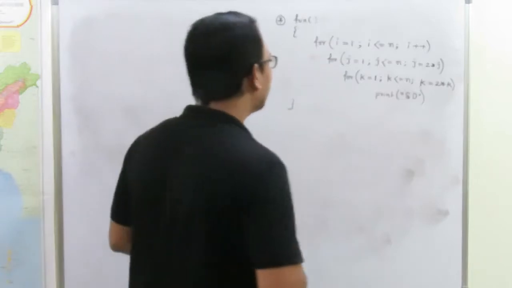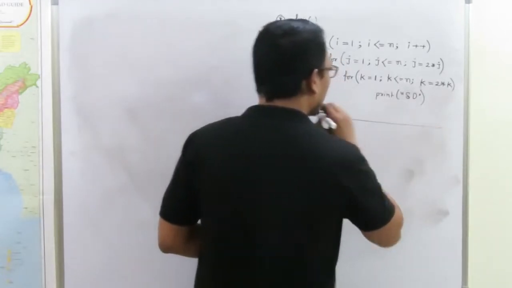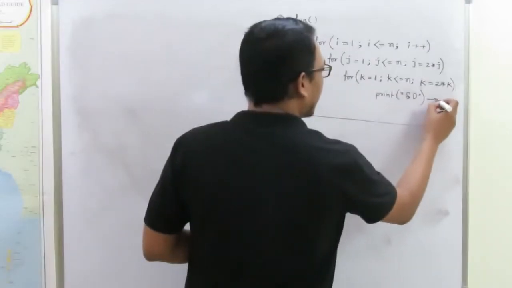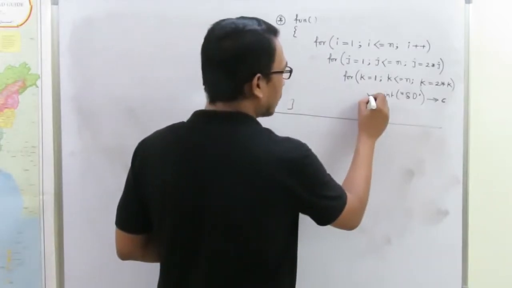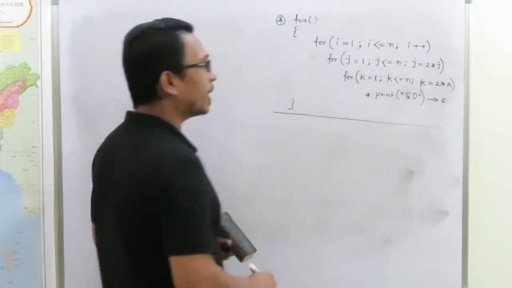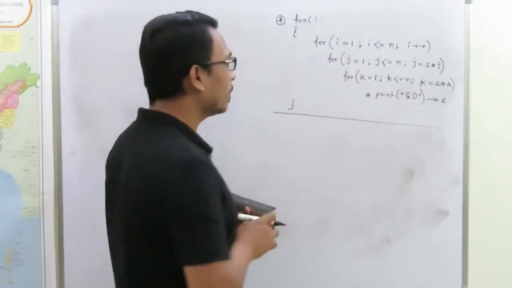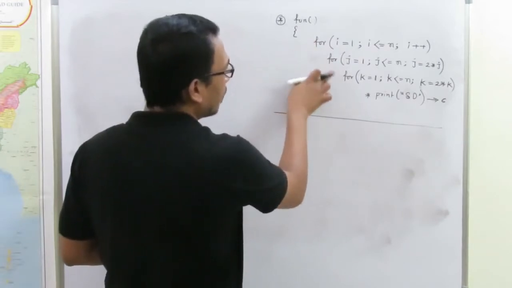Now look here. This print statement will take only a constant time each time it executes. That is sure. Now the problem is that we have three different loops.